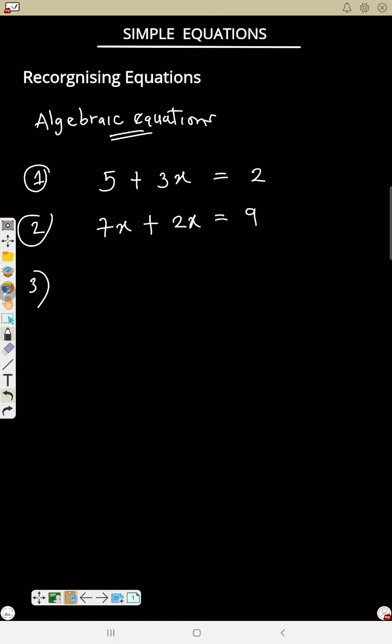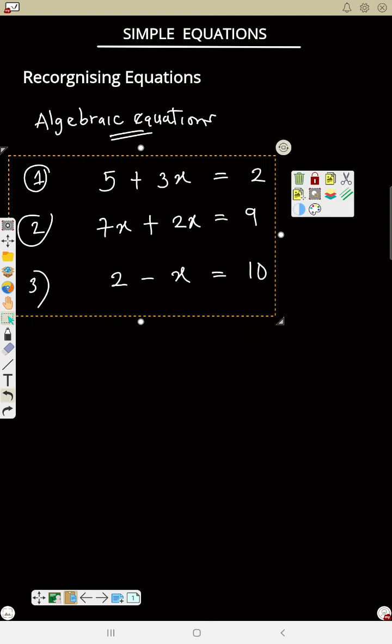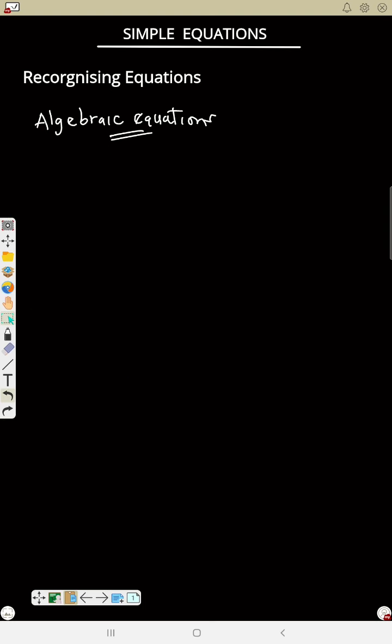3. 2 minus x is equals to 10. This is also algebraic equation. Now give another algebraic equation that use any alphabet. Now let's say 3y plus 4 is equals to 7.